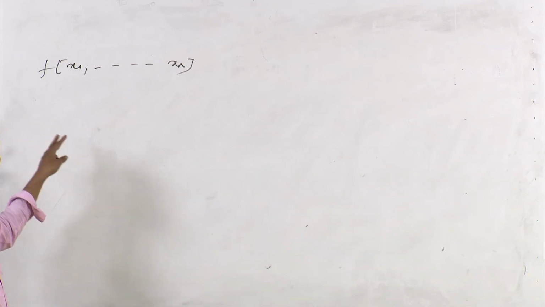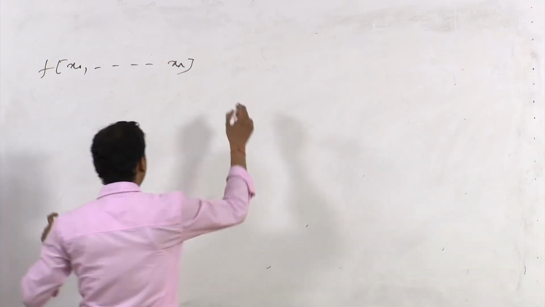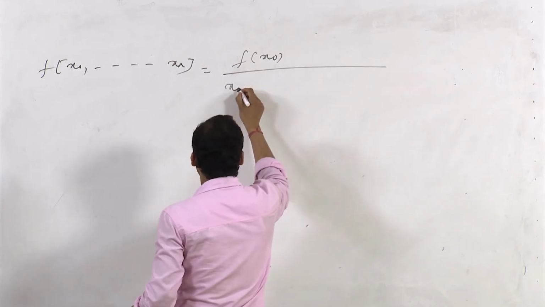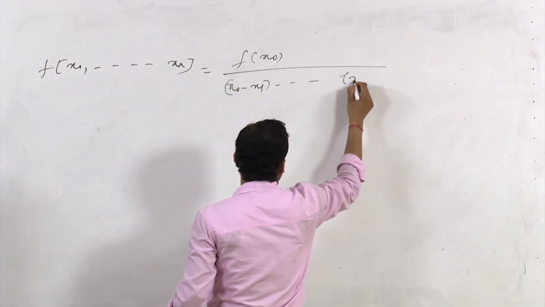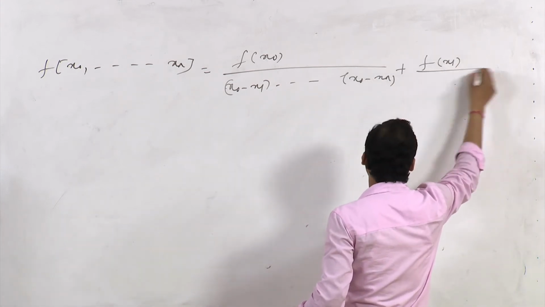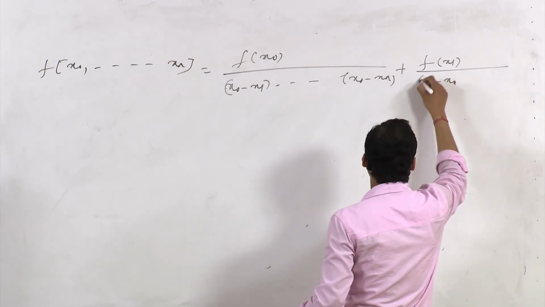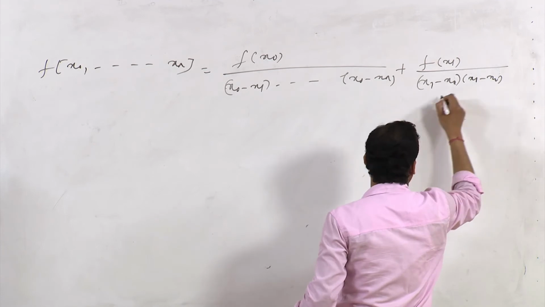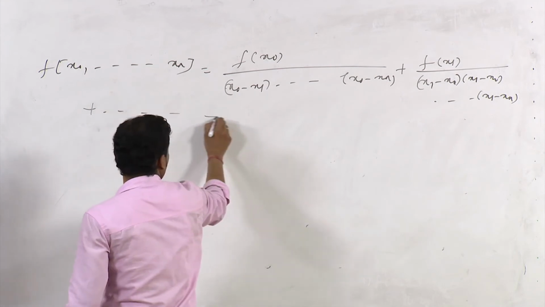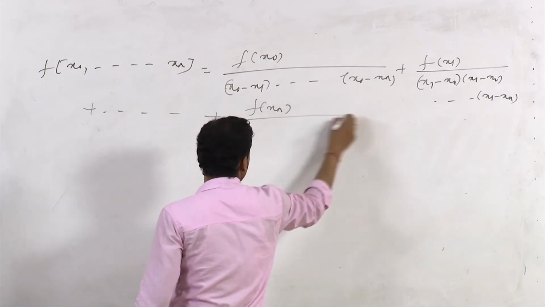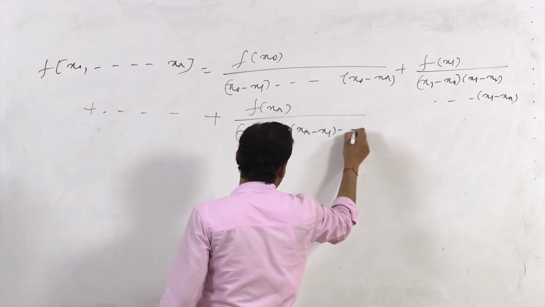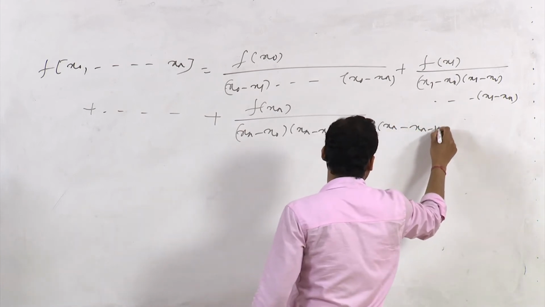That is why we say this is an nth order divided difference, and it can be written as f of x0 divided by x0 minus x1 up to x0 minus xn, plus f of x1 divided by x1 minus x0, x1 minus x2 up to x1 minus xn, and so on, plus f of xn divided by xn minus x0, xn minus x1 up to xn minus xn minus 1.